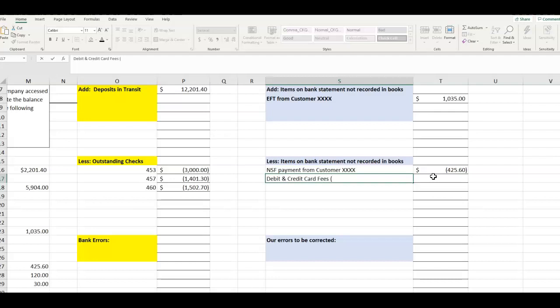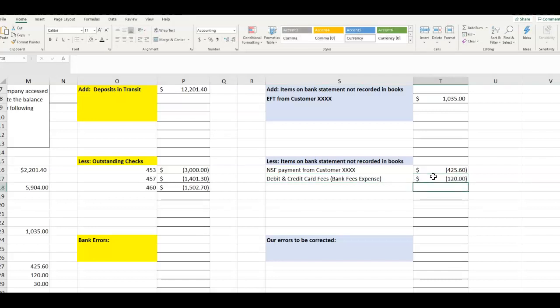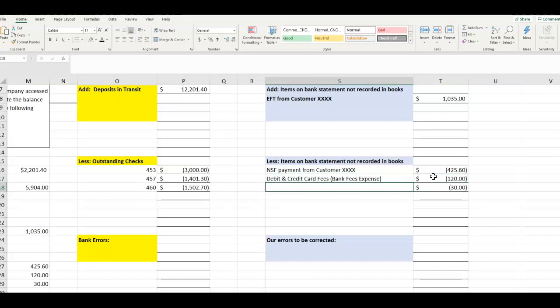And you might even just put the account name, bank fees expense, something like that. And that was -120. -30 was bank service charge.